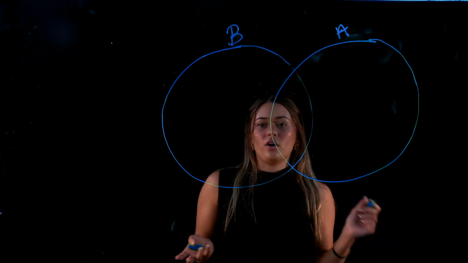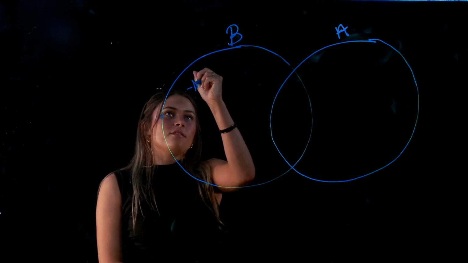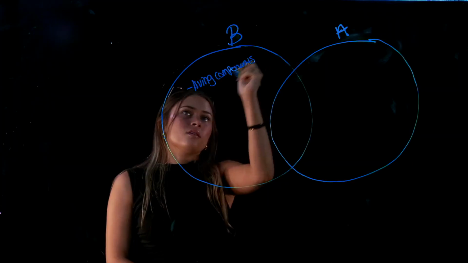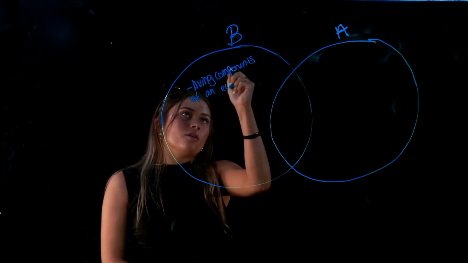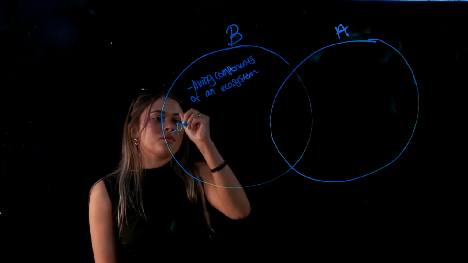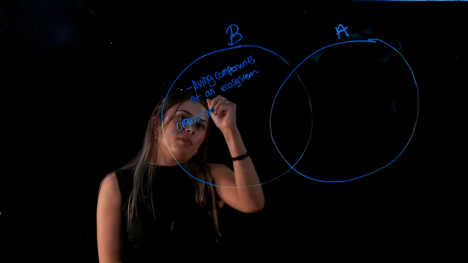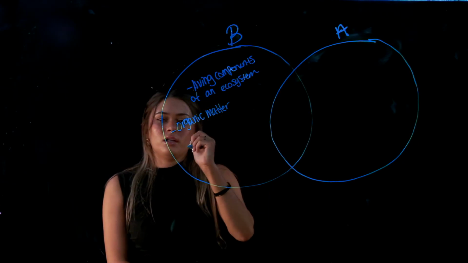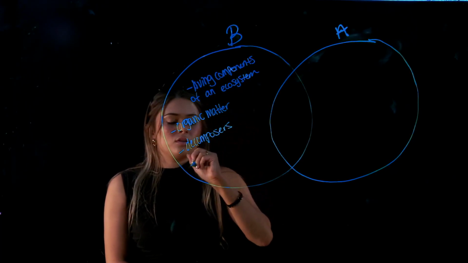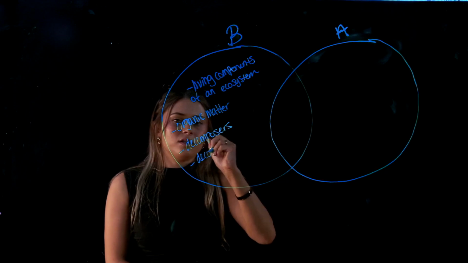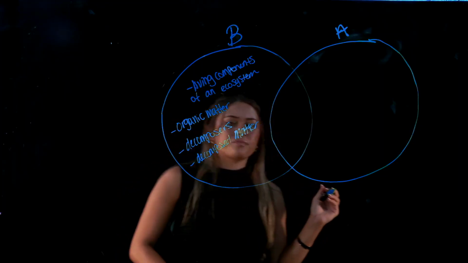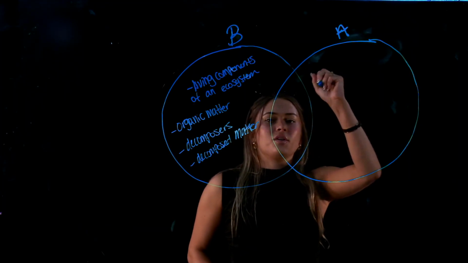So biotic components are the living components of an ecosystem, and organic matter, decomposers, and decomposed matter.